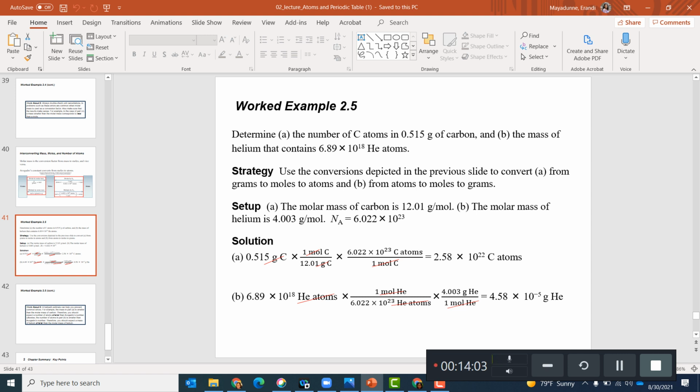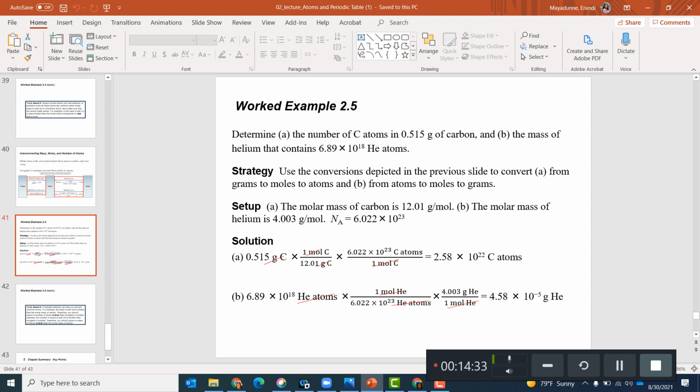The relationship is between moles and Avogadro's number, but you can convert grams to moles by dividing. So that's what I do here. This is step 1, converting to moles. To convert to moles, you take the mass and divide by the molar mass. Then you have the number of moles, and you multiply by Avogadro's number. So this is how you get the atoms.